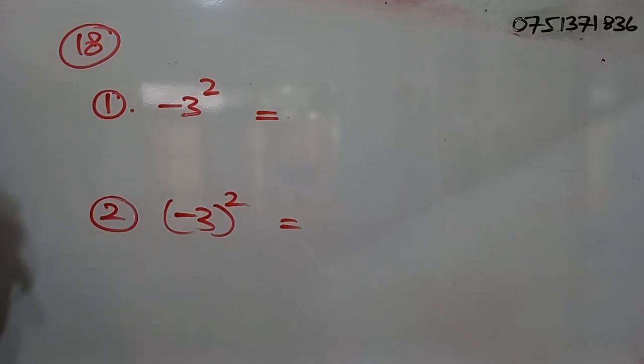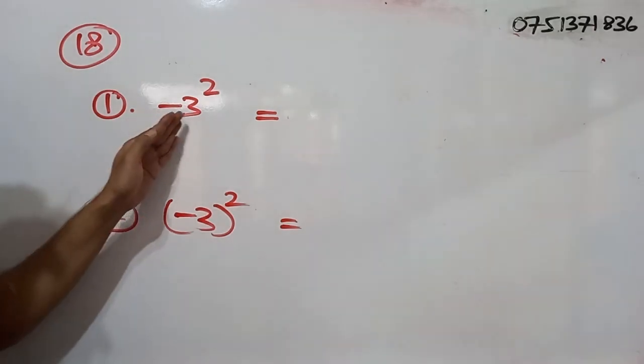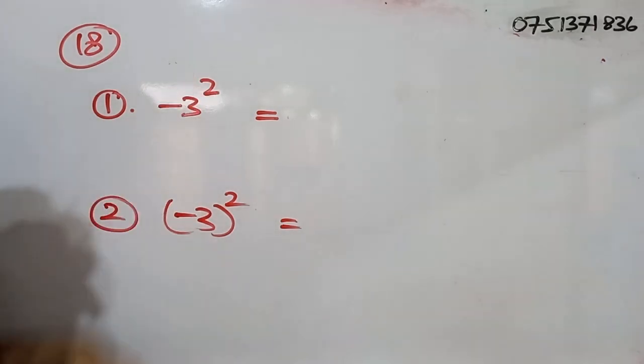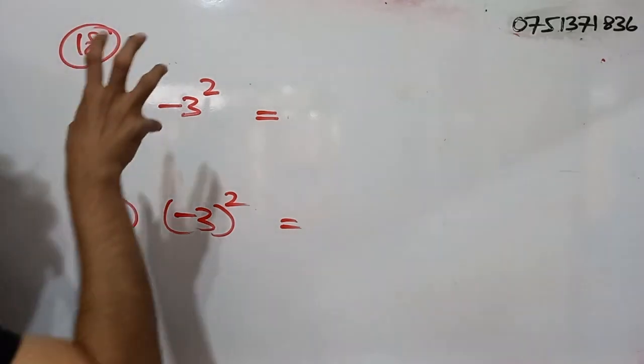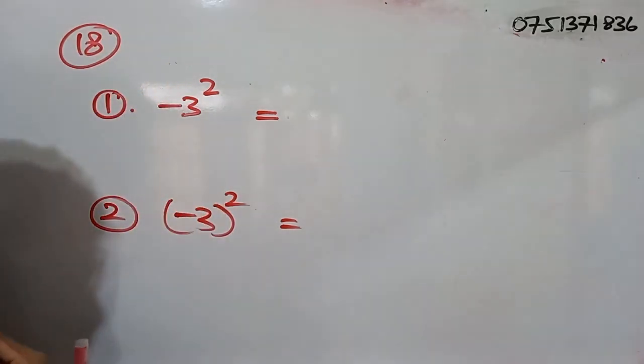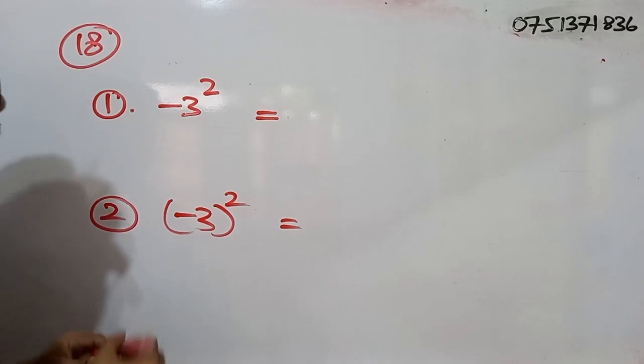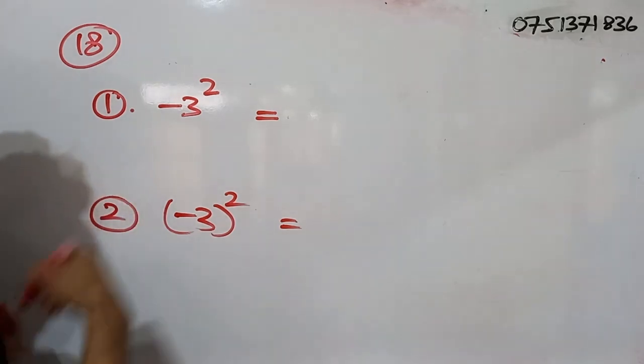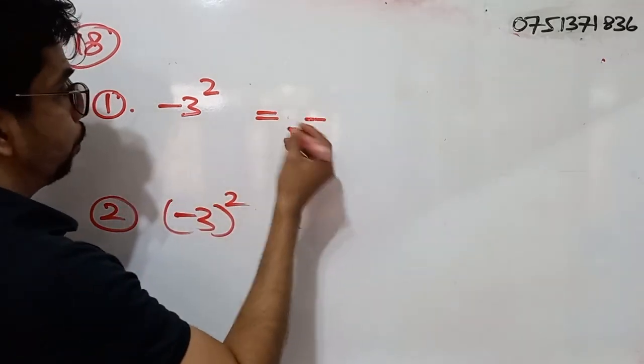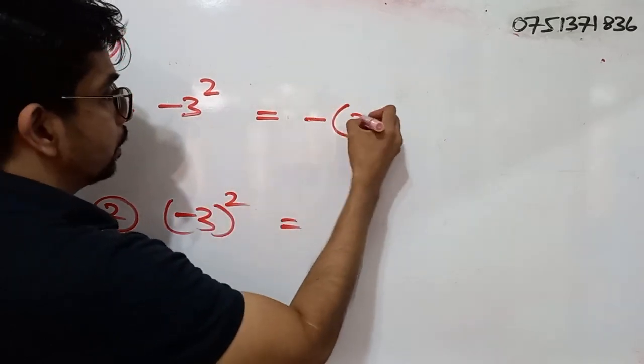Right. Question number 18. We have been given two expressions. We have to simplify them. The first one is negative 3 squared. We have to observe what has been given to us, so we can rewrite this information in another way. This is the proper way.